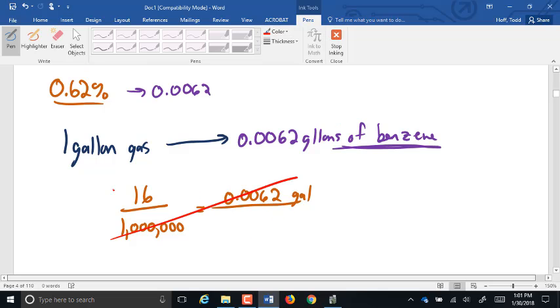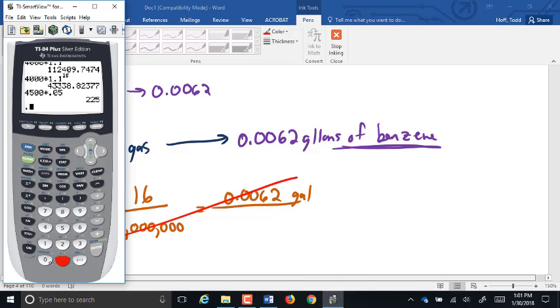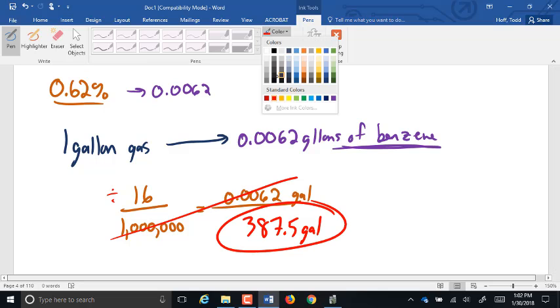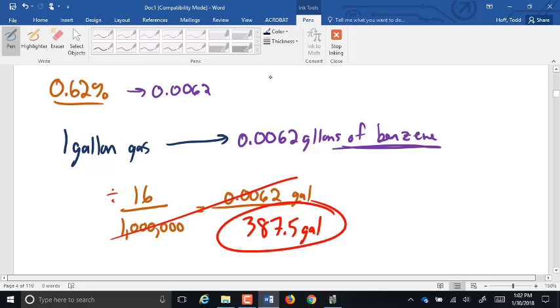If we cross multiply and divide, 0.0062 times 1 million divided by 16, we just polluted 387.5 gallons of drinking water. And actually, I think the EPA a couple of years ago lowered that recommendation from 16 to like 6 parts per million.